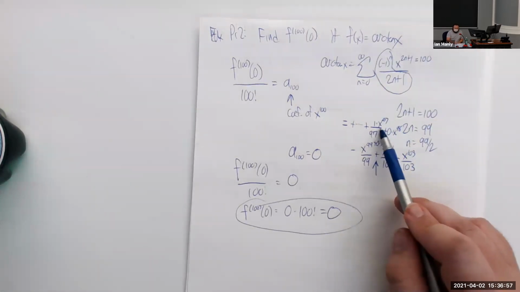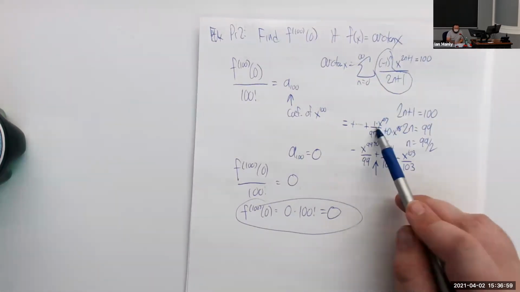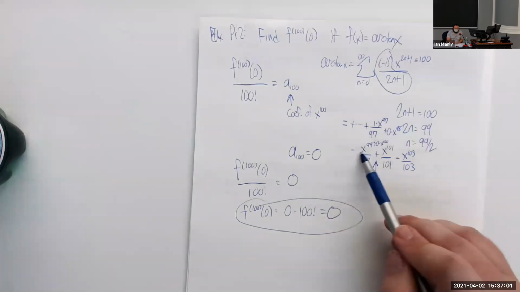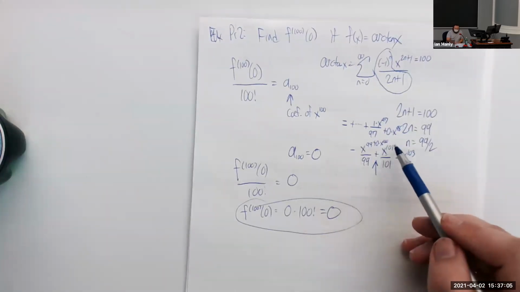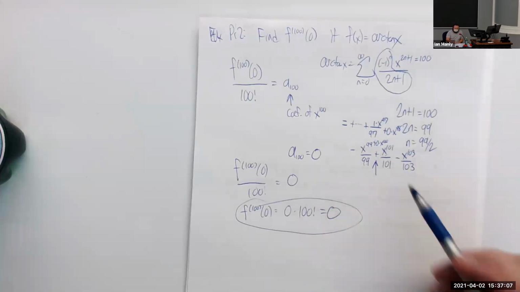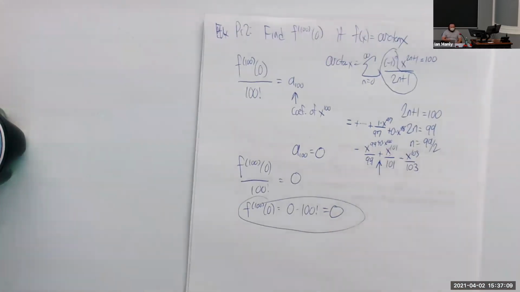If we start going to powers close to that, we have x to the 97 over 97 minus x to the 99 over 99, and then we skip 100 and go x to the 101 over 101, and so on. Now, if we're ever missing an x to a power, that coefficient is going to be 0.